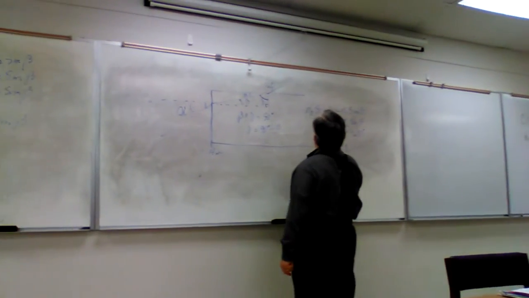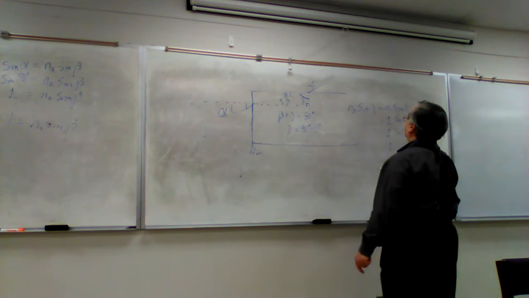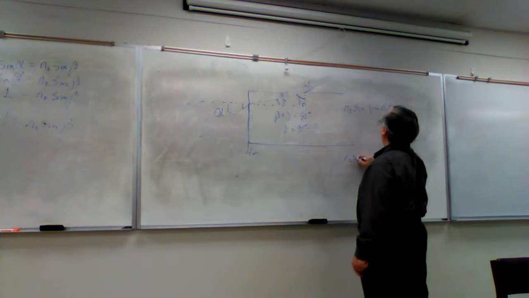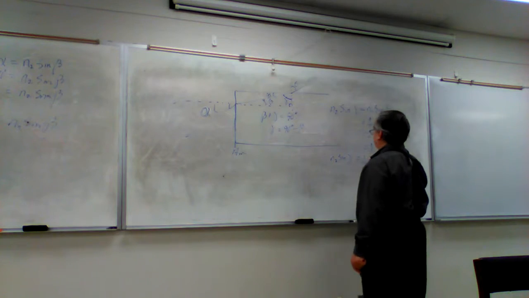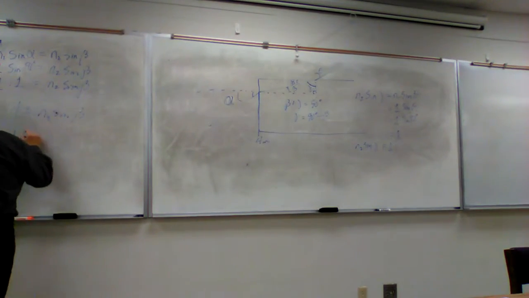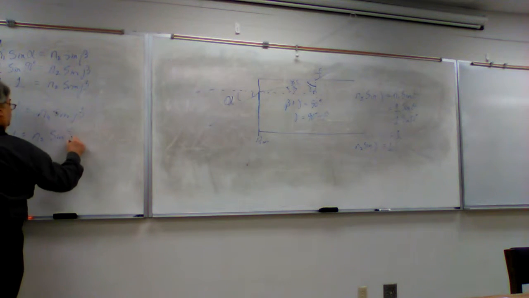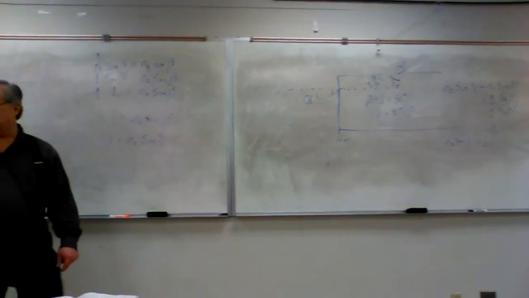So once again, over there we've got 1 equals N2 sine beta. Now we've got 1 equals N2 sine gamma. Okay?